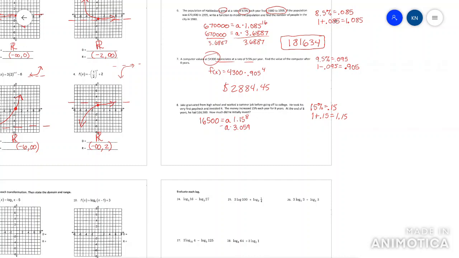I'm not rounding at all in my calculator. I don't have to. So you're going to divide now by 3.059 to get your answer. So let's see. 16,500 divided by previous answer is 5,393.88.